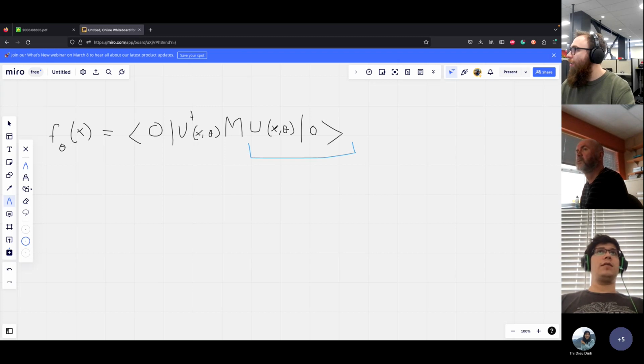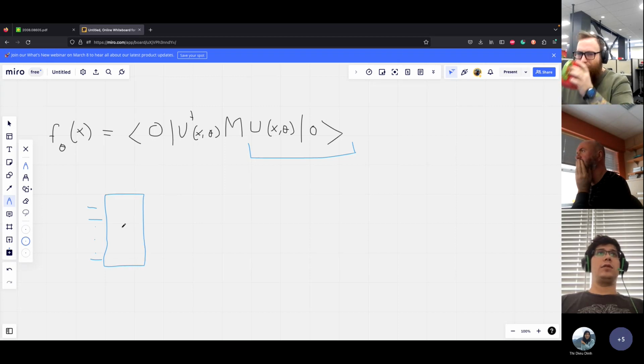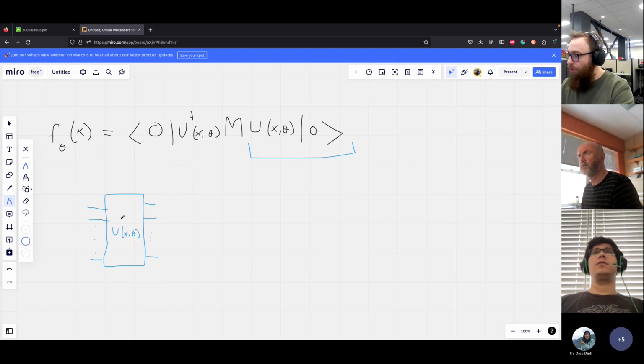The U theta x means you have a quantum circuit, so let's say like this, and then you have a gate there that controls everything. It receives the input and some trainable parameters, and it outputs a state at the end.